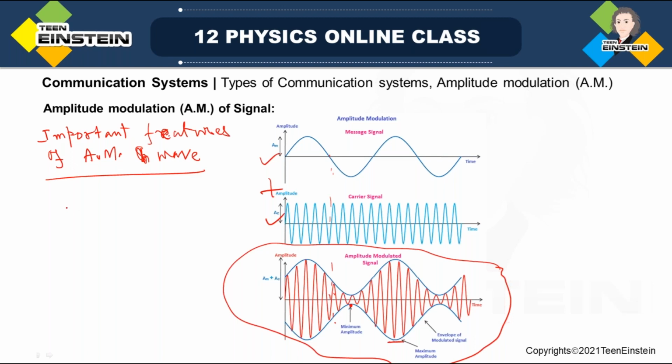So what are the important features? We see that the amplitude of the carrier wave changes according to the modulating signal.